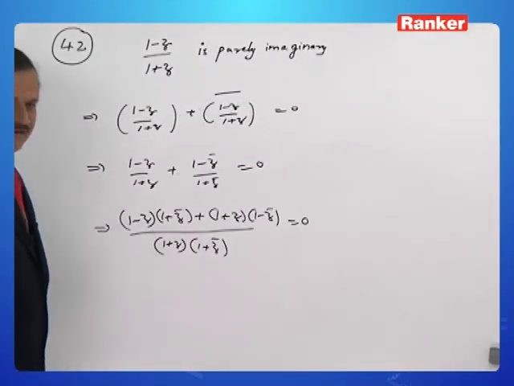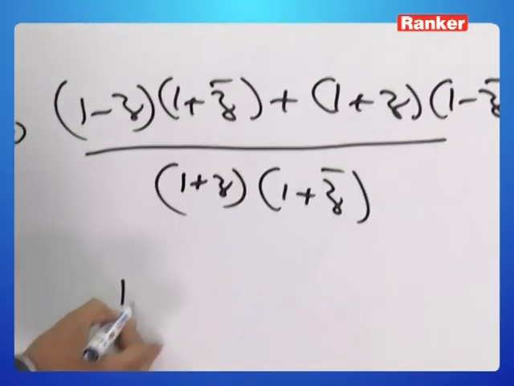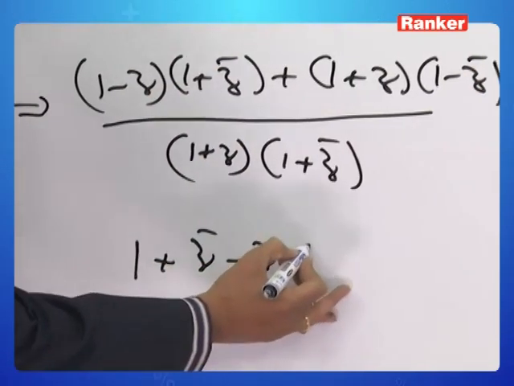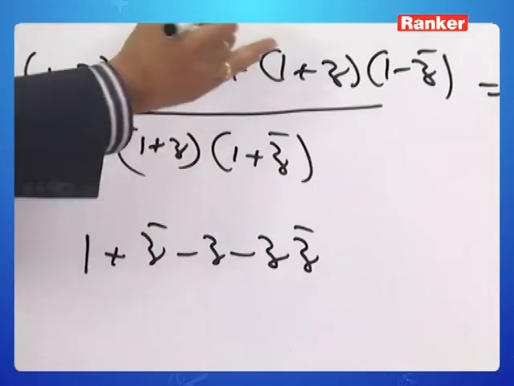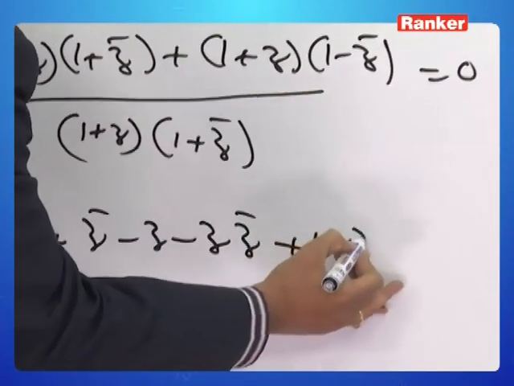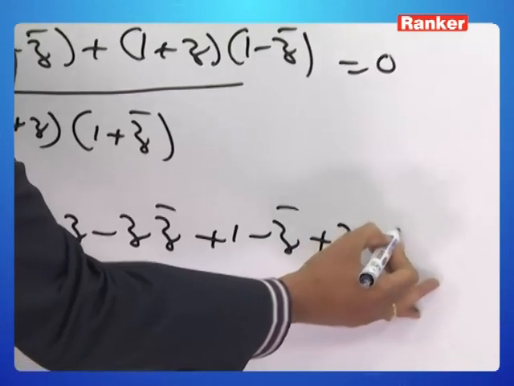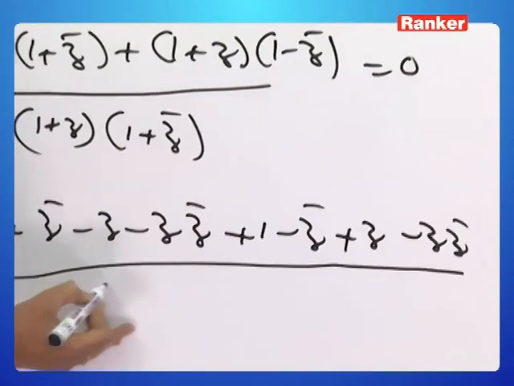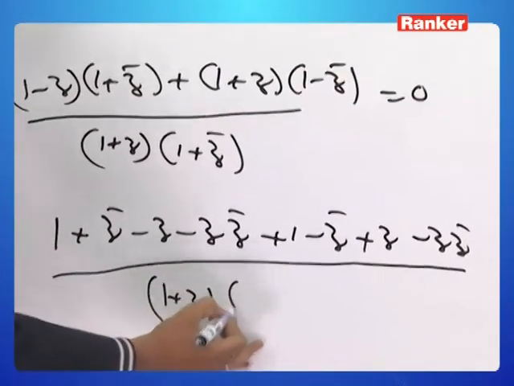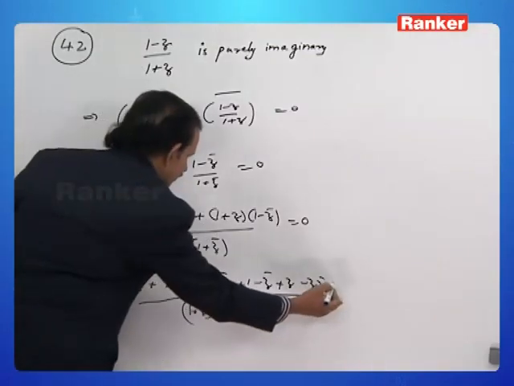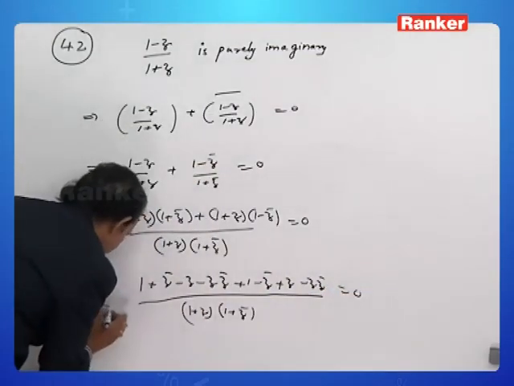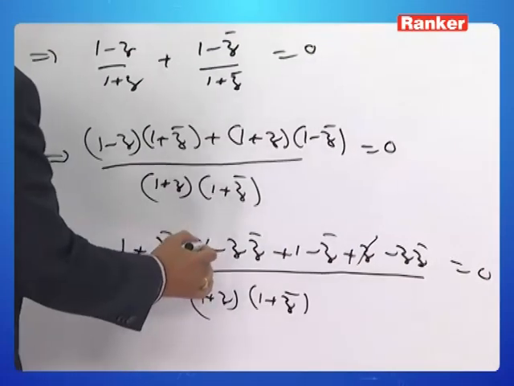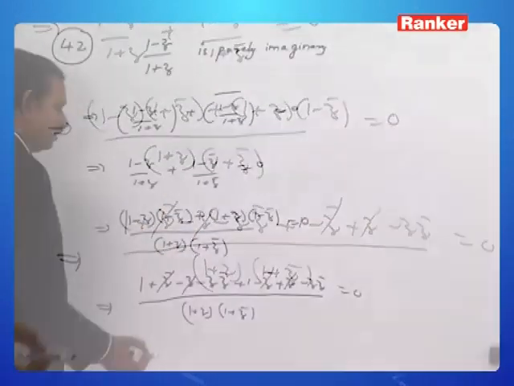Let us think of the numerator first. Multiply 1 into 1, 1; 1 into Z bar, Z bar; minus Z into 1, minus Z; minus Z Z bar. Here 1 into 1, 1, minus Z bar, plus Z, minus Z Z bar, by (1 plus Z)(1 plus Z bar) is equal to 0. Now you observe plus Z and minus Z, and plus Z bar and minus Z bar will go away.